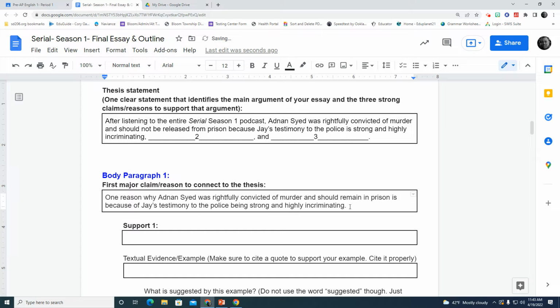So, again, I just took my first point from my thesis statement and made it into one nice, clear topic sentence to open up my first body paragraph. And you notice I used slightly different language than I used up here, just so I'm not repeating myself. I told you that before. You always want to use slightly different language.